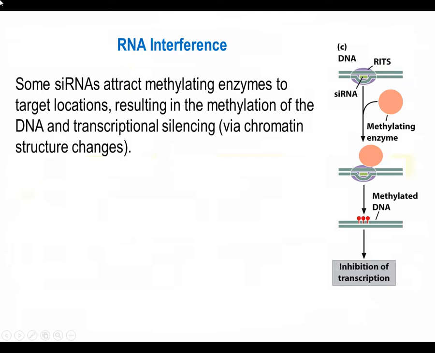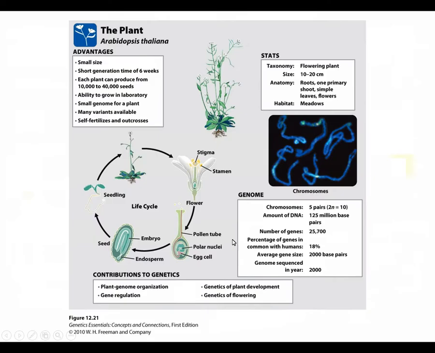They seek out genes that they match up with. So you end up with this short section of what we would call triple-stranded DNA. Well, 2 strands of DNA and 1 little section of RNA. And that attracts an enzyme to methylate that region, and that blocks transcription of that gene in the area of the methylation. So that's really a combination of mechanisms.